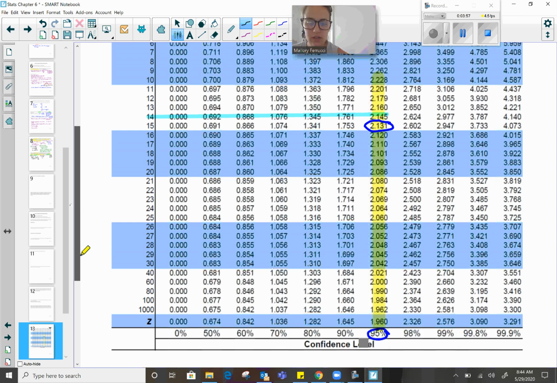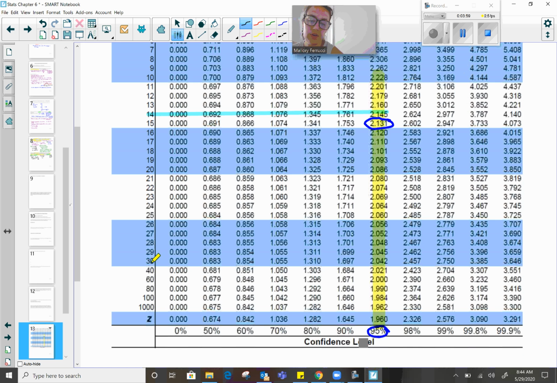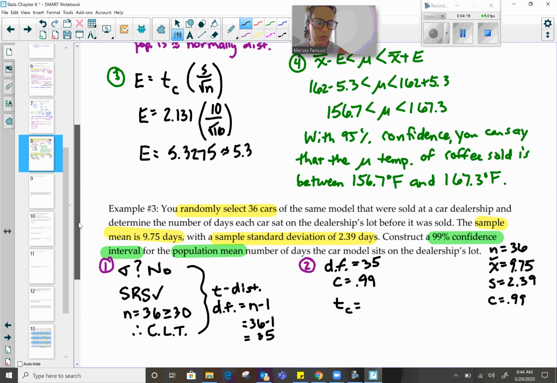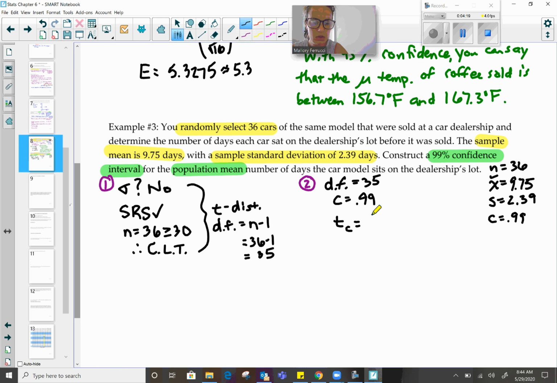Okay, so we don't have 35, but we do have 30. We always go with the lower one. Okay, and then 99%. So it's 2.750. Cool.